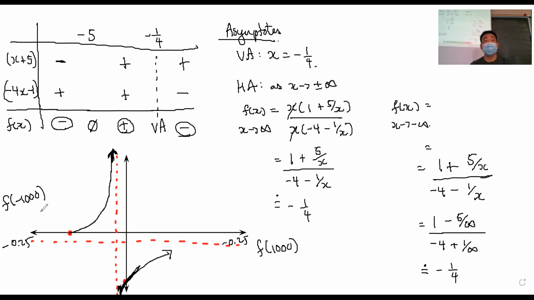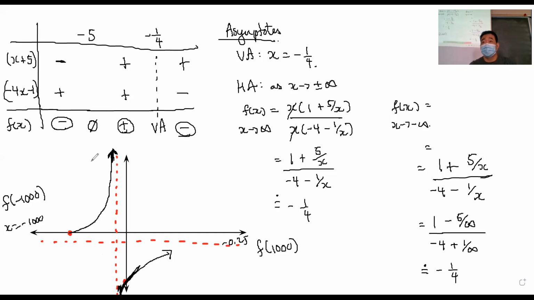Zach, can you do negative? Clarify, how much negative? When you said plug in negative 1,000, yeah, I'm testing when X is negative 1,000. So if I go really far left, am I going to still be above this dotted line or am I going to be below this dotted line?